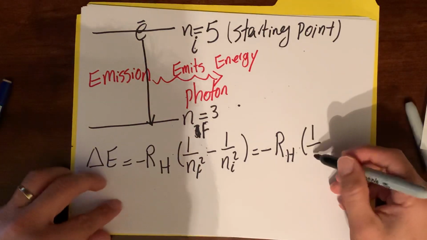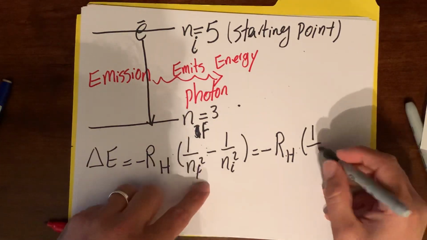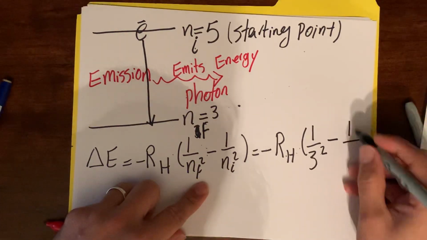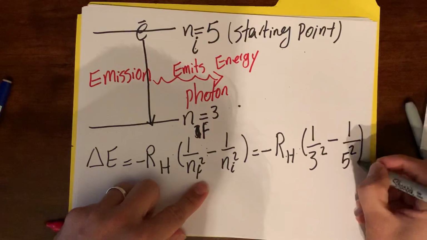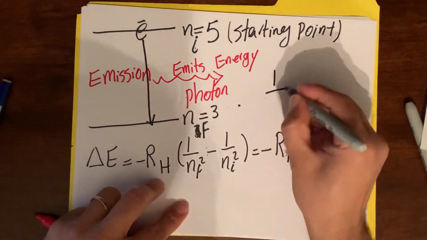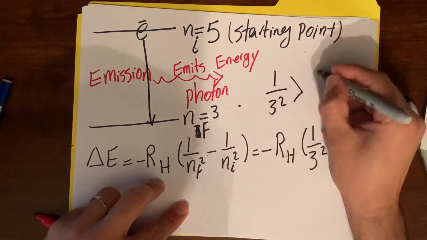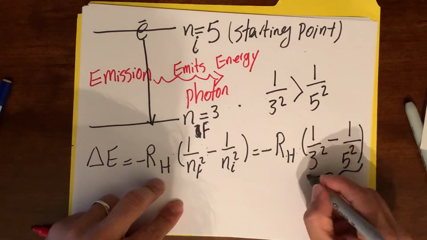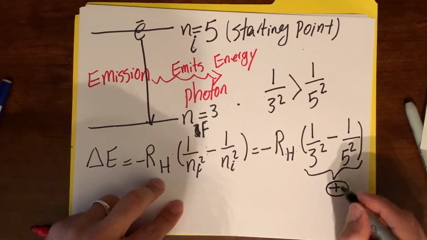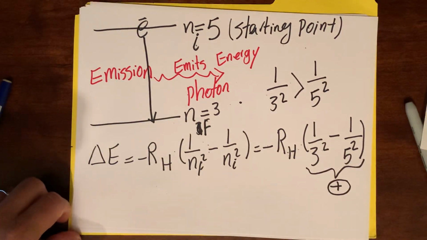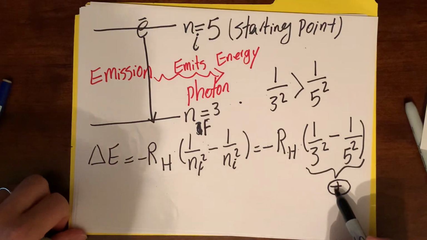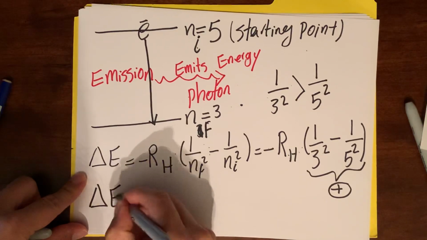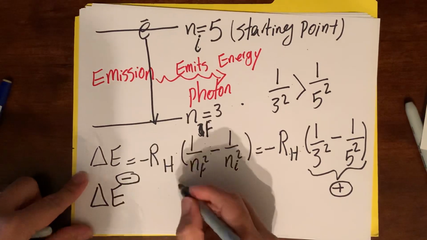So I go with 1 over final n squared, which is 3 squared, minus 1 over 5 squared. 1 over 3 squared is bigger than 1 over 5 squared. So that means this number will be positive. And now we have a problem because minus multiplied by plus will be negative. So we got delta E equal to a negative number.